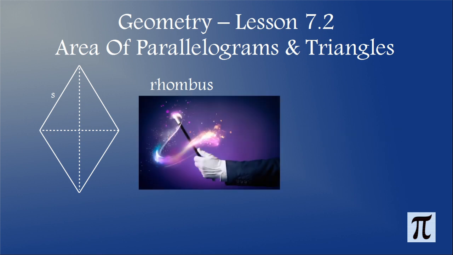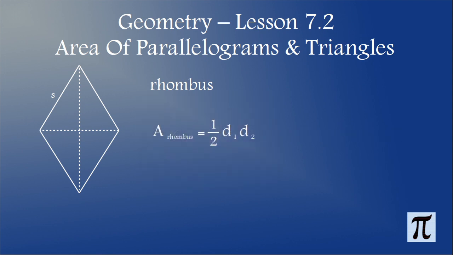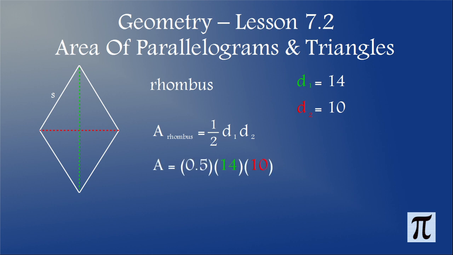So with some magic and formulas, the area of a rhombus is equal to 1/2 times diagonal 1 times diagonal 2. So as an example, let's say diagonal 1 is 14 and diagonal 2 is 10. The area of this rhombus will be 1/2, or 0.5 as shown here, times 14 times 10, or is equal to 70.